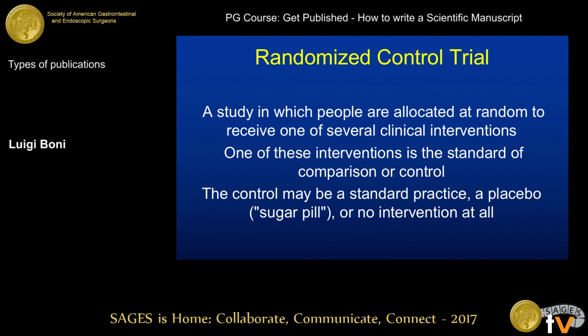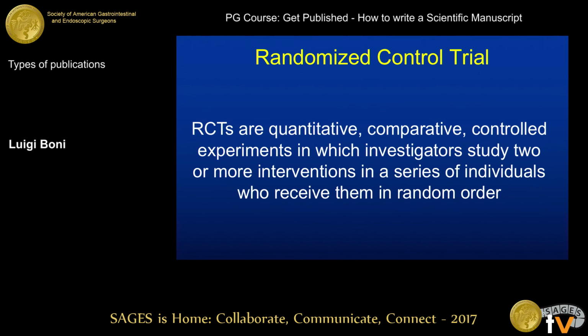It can be the standard practice: we're doing an operation in a certain way, and we compare it to a new operation. Or you can give a placebo, especially for drug studies, or you can give no operation. This patient has been treated for a diverticular disease, and this patient has been just observed, or for gallstones, just observation.